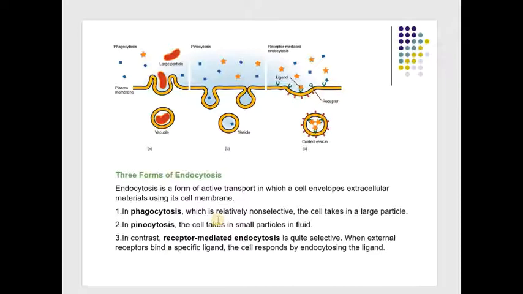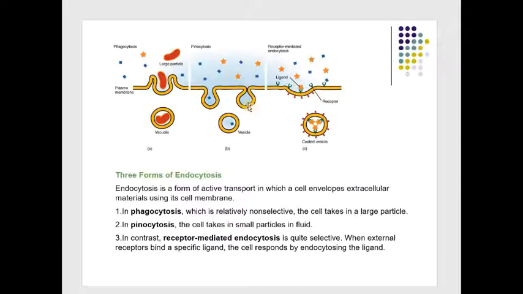Another thing is some of our white blood cells roll around and they go through phagocytosis in order to take up unwanted materials that are floating around in our blood. And typically in that case, it's going to be things like E. coli or foreign bodies or bacteria. They're going to roll around and they're just going to eat all of this stuff and take it into the cell, and then they'll break it down.